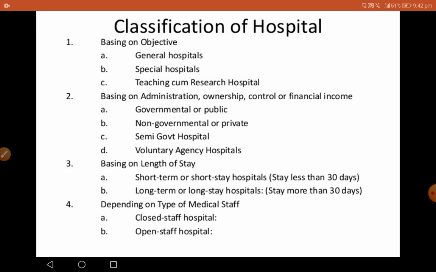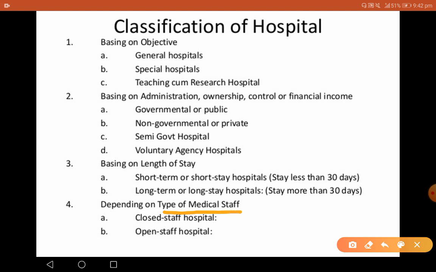The next classification is based on the length of stay, that is, whether it is short term or long term. Short term is basically considered to be less than 30 days, and if it is more than 30 days it is considered a long stay hospital. Then the next one is based on the type of medical staff present, that is, closed staff hospitals and open staff hospitals. In a closed staff hospital only a limited number of staff will be provided.